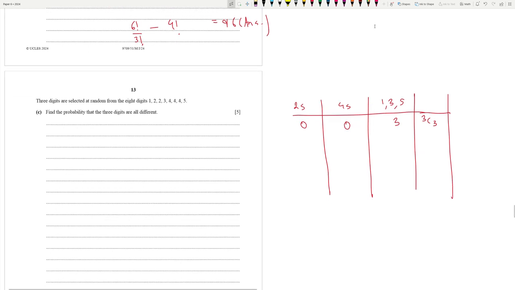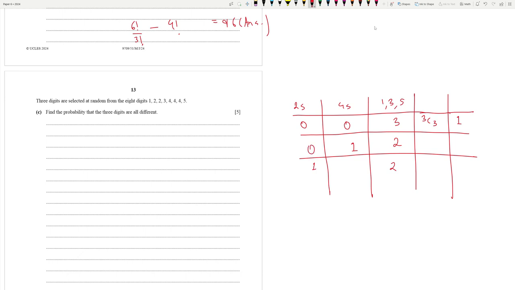It's going to be 1. 3C3 is 1. And then we can have 2 of these and 1 of this. Or we can have 2 of this and 1 of this. 0 over here. Or we can have 1 2, 1 4, and any one from these 3. Do you get what I mean?